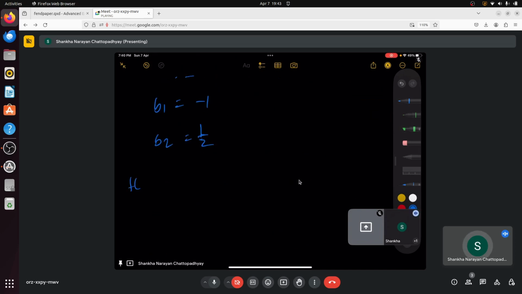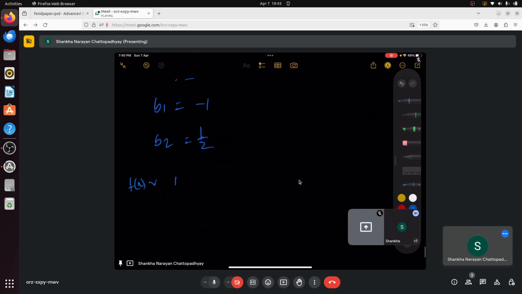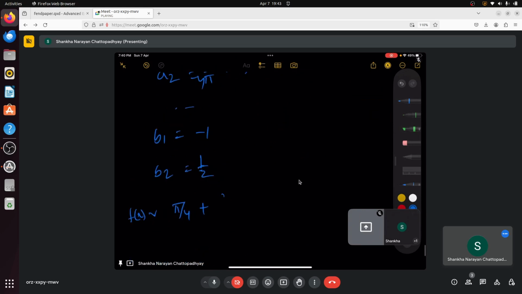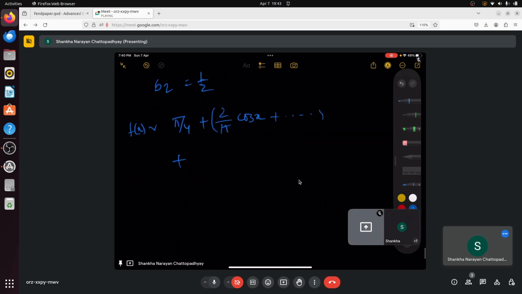So the first few terms of the series for this function f(x) you can write as pi by 4 plus 2 by pi cos x plus and so on, plus minus sin x plus sin 2x by 2 plus and so on.